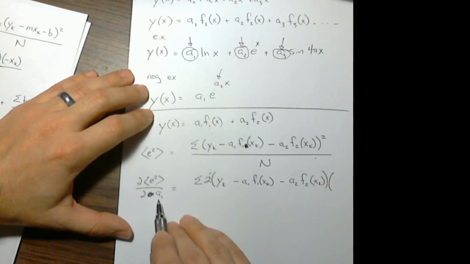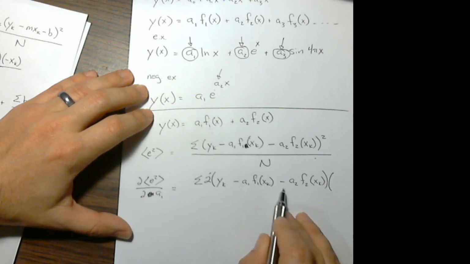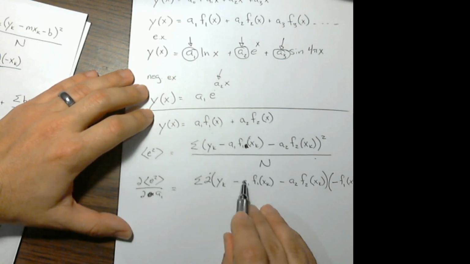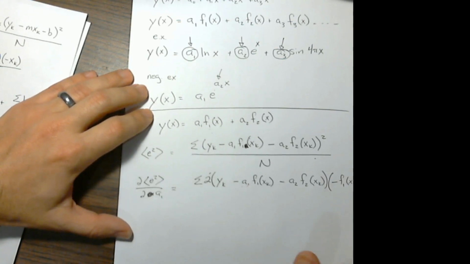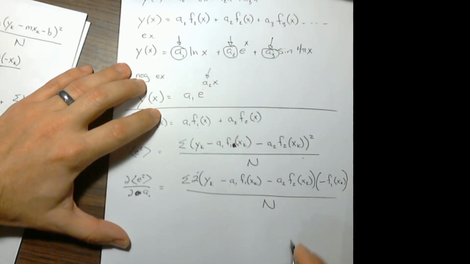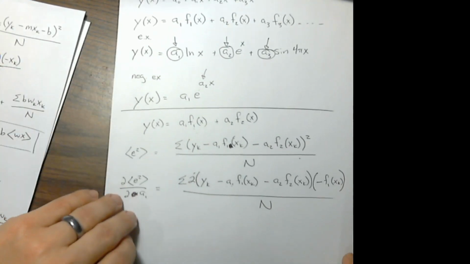Now the partial derivative with respect to A1 is just negative F1. Because when you take a partial derivative with respect to A1, it appears to be the variable and everything else appears constant. So there we go, and that's all divided by n. There it is.